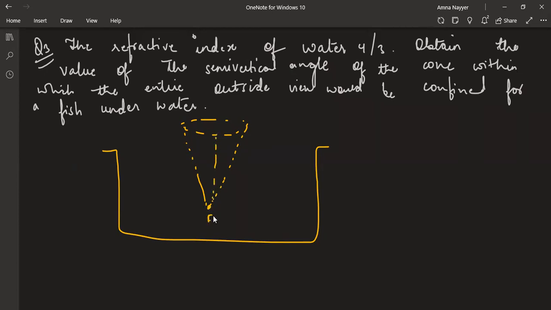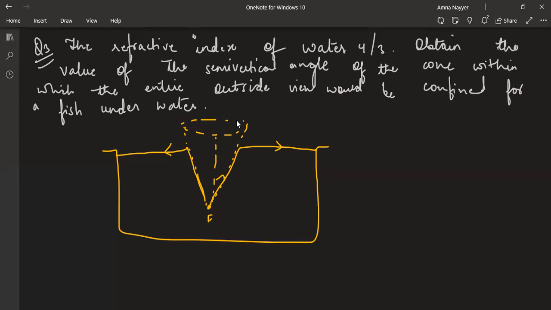If the fish is over here, the fish will look here, and same way it will go for both the sides. Fish can see the outside view of the cone. This part of the cone the fish can see.